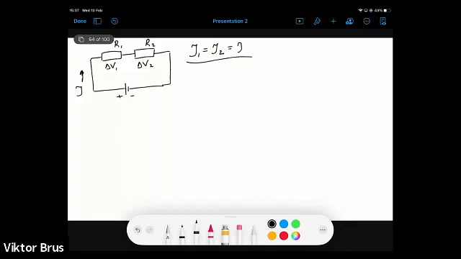At the same time, the potential difference which is generated by the battery will be split in two components because we have two resistors connected in series. So the total potential difference will be equal to delta V1 plus delta V2.